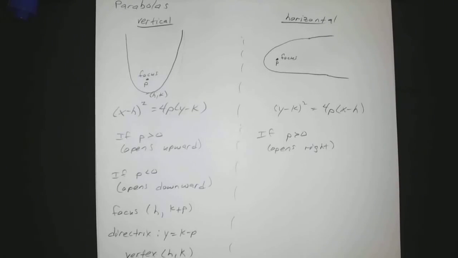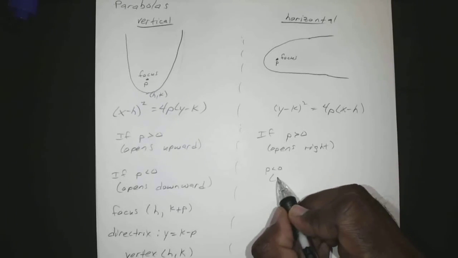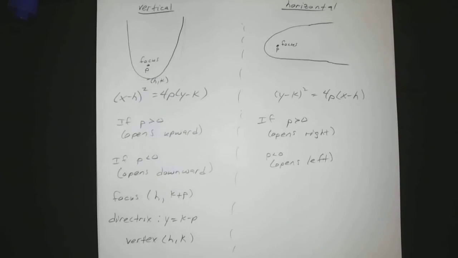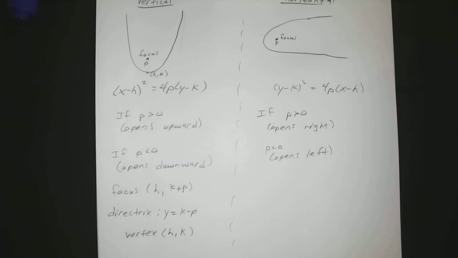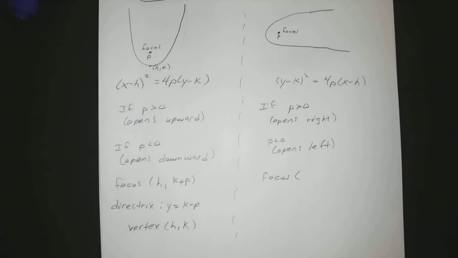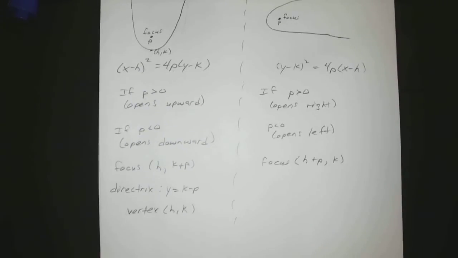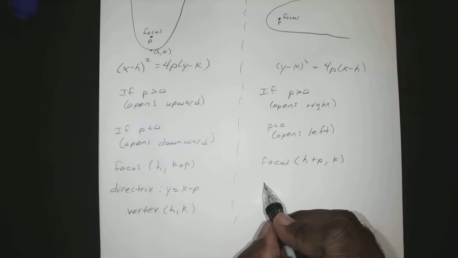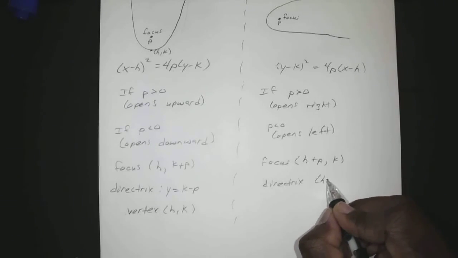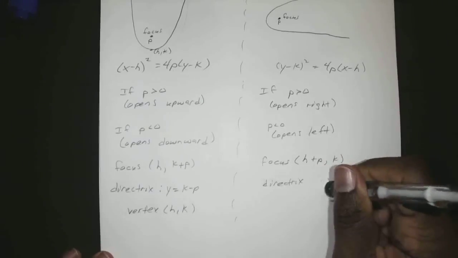But if P is less than 0, it opens up to the left. Okay. Now your focus here is h plus p, k, and your directrix, x equals h minus p, sorry about that.